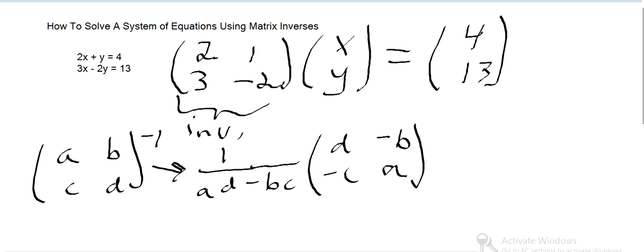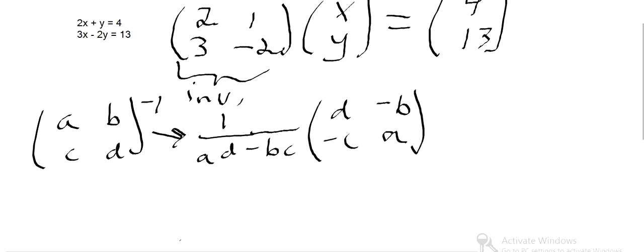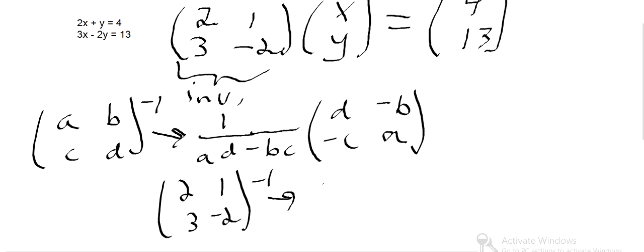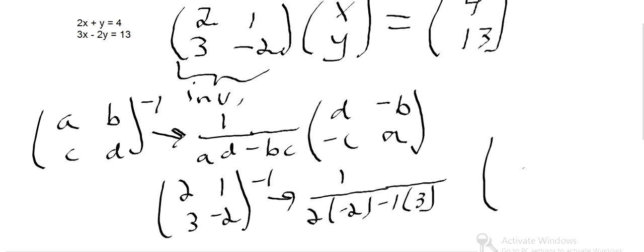So for the matrix 2, 1, 3, minus 2, the inverse is 1 over 2 times minus 2 minus 1 times 3, times the matrix where we switch the diagonal entries, minus 2 and 2, then negate the two off-diagonal entries.